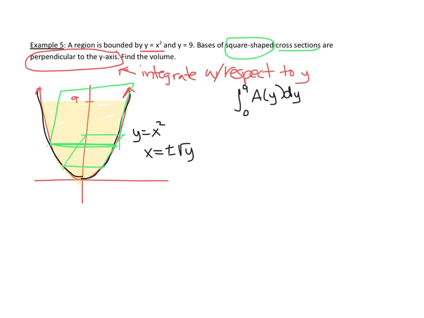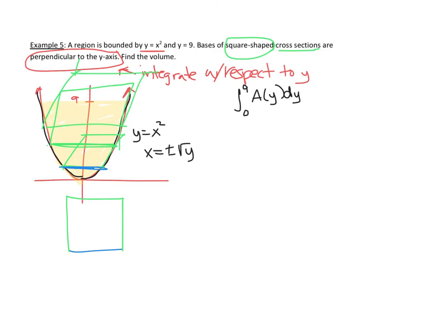But it's going to vary. The size of the square is going to vary based on what your y value is. So let's go ahead and we'll draw the squares. Bottom of my square I'll do in blue this time.